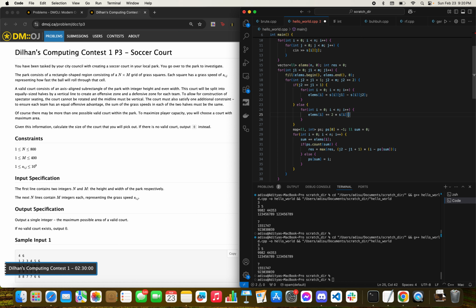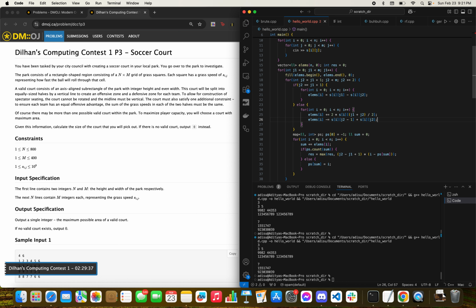I think it would be like j1 plus j2 over 2, some variant of that. s i j2 minus 1 plus s i j2.